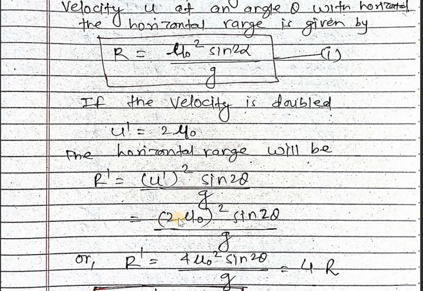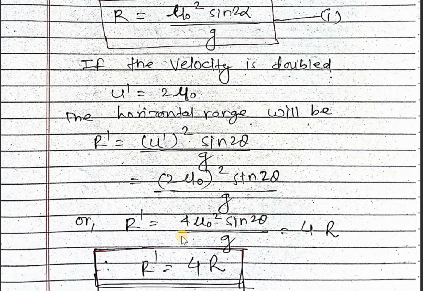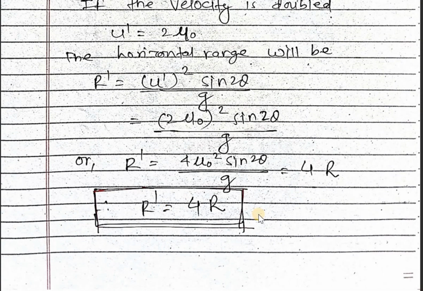The value of u dash is 2 u naught, so 2 u naught square into sine 2 theta upon g, that is 4 u naught square sine 2 theta upon g. Here u naught square sine 2 theta upon g is R, so 4R. Therefore R dash equals 4R.